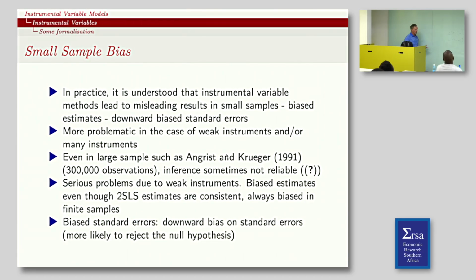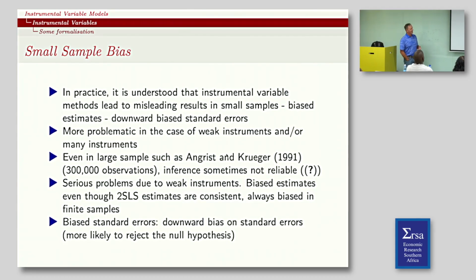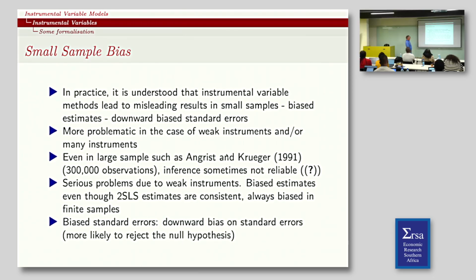And in small samples, IVs aren't great. Even in small samples, it leads to misleading results. It gets worse, obviously, if we have weak instruments. So Angrist and Krueger have this 91 paper where they look at the relationship between their instrument, which is actually date of birth, and that's used to explain years of schooling.